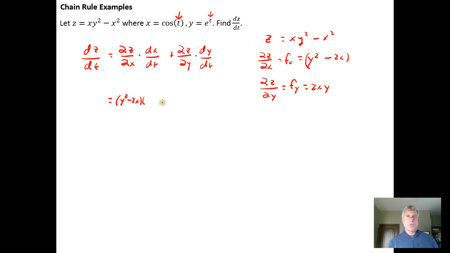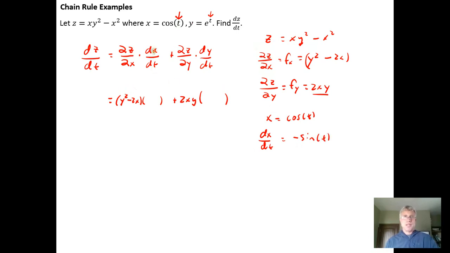But then I'm going to need to multiply the rate of change of x with respect to t, so we'll need to calculate that. And partial z partial y is right here. It's 2xy, so I get 2xy. And then I'm going to need to pop in the rate of change of y because of t. So if x is equal to cosine of t, then dx dt is going to be equal to minus the sine of t.